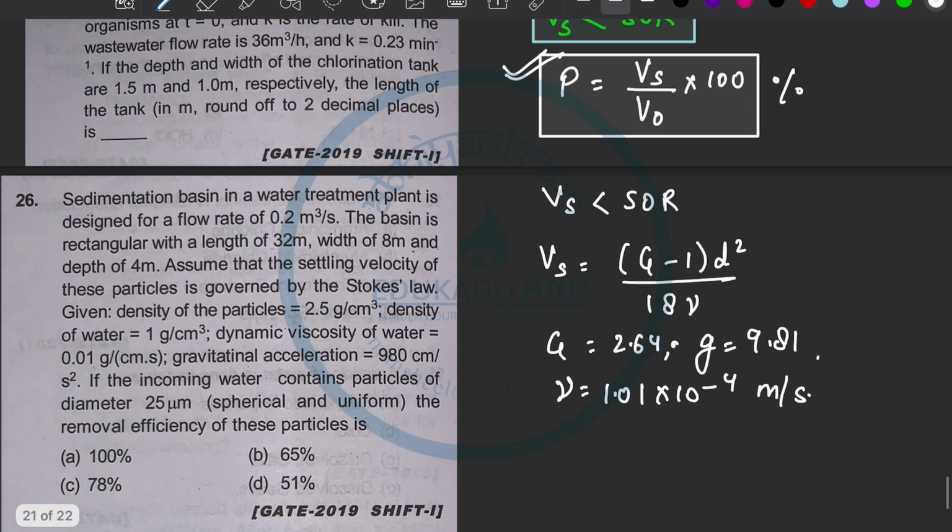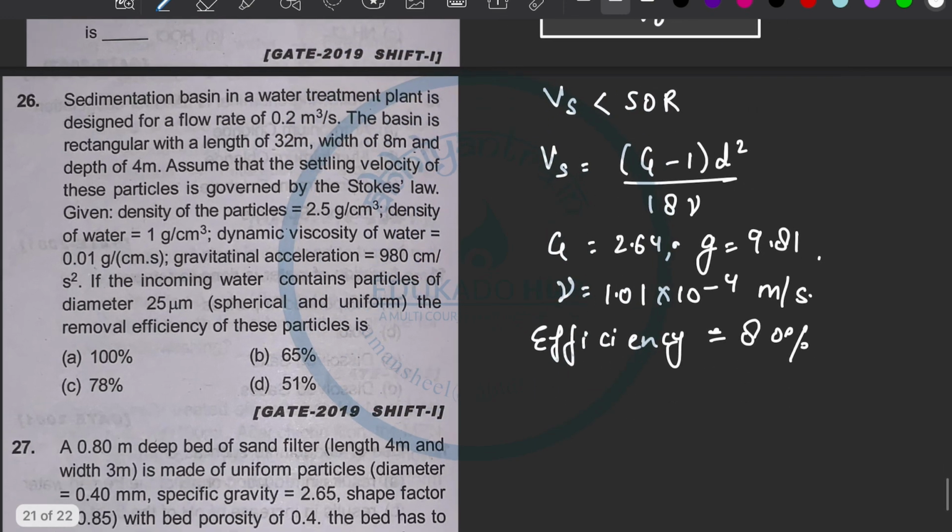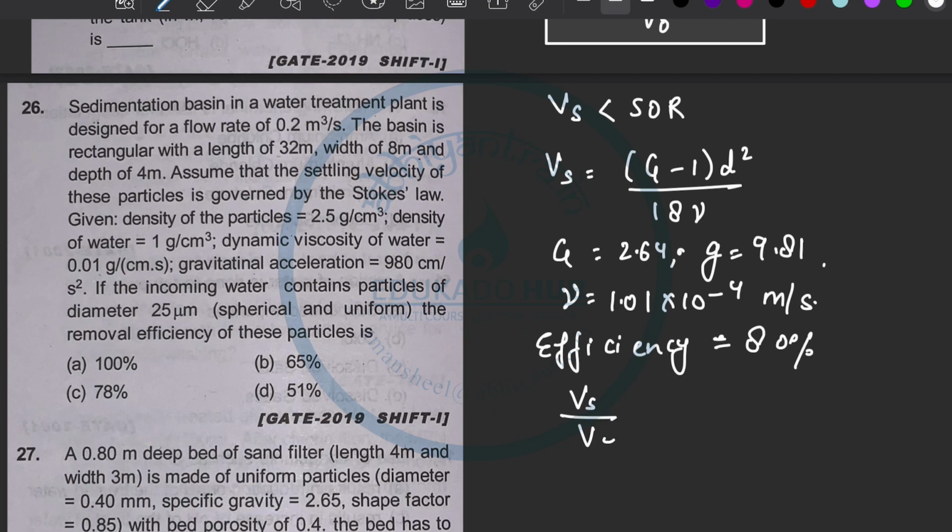They have given that the efficiency of removal is 80%, right? So we can say Vs upon V naught into 100 is equal to 80.